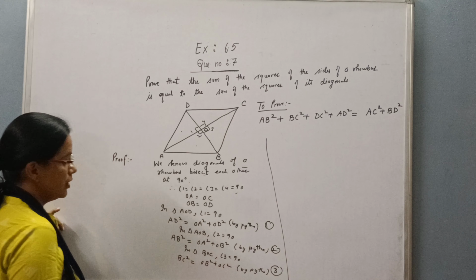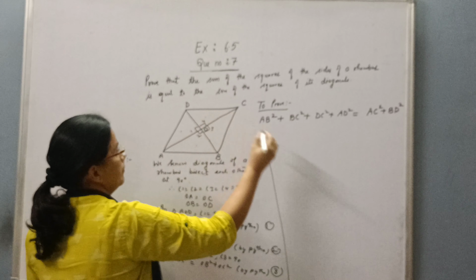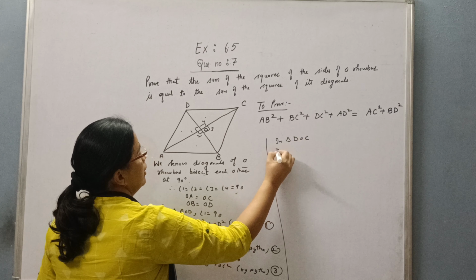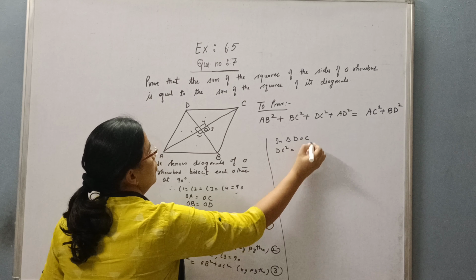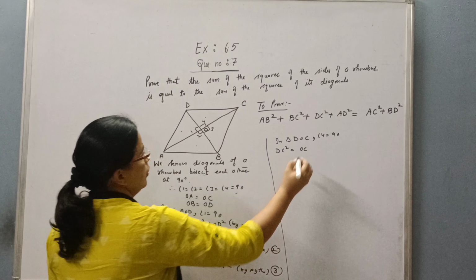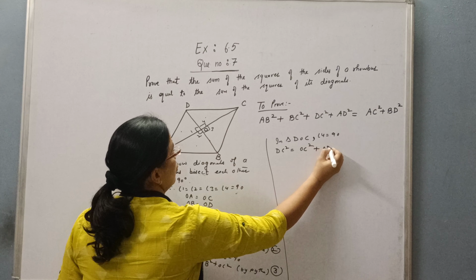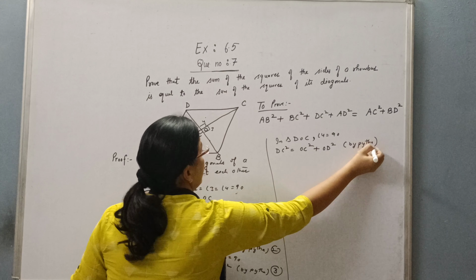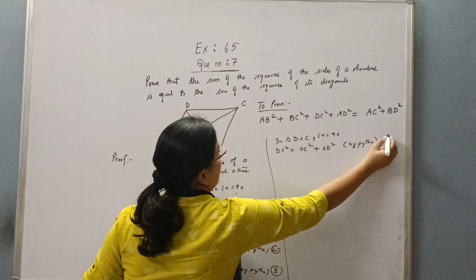Now consider the fourth triangle DOC. In triangle DOC, because angle 4 is 90 degrees, DC square is equal to OC square plus OD square, again by Pythagoras. And this is equation number 4.